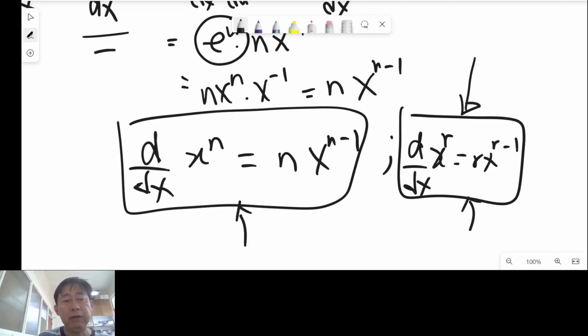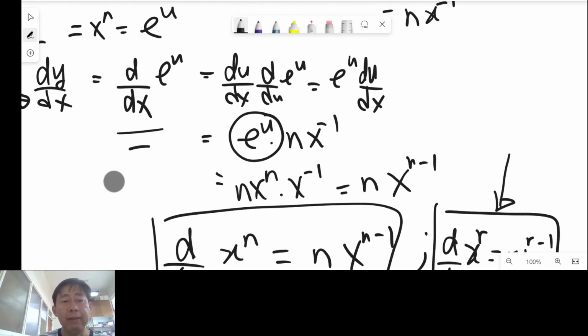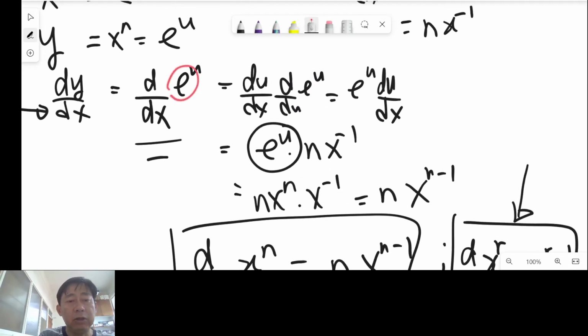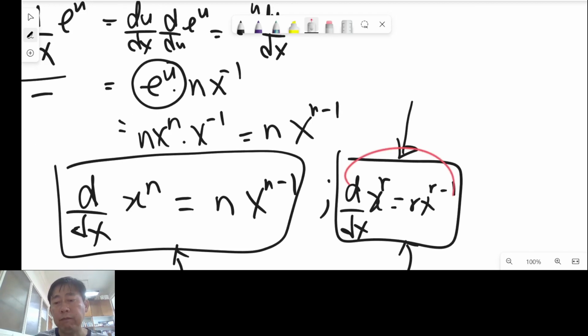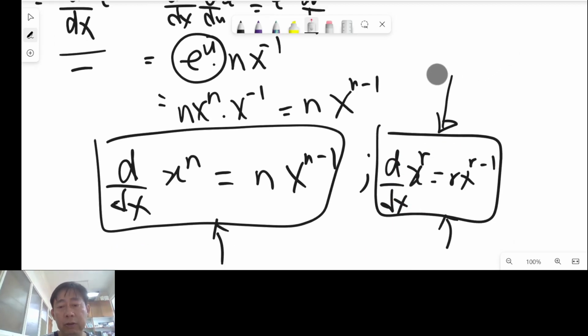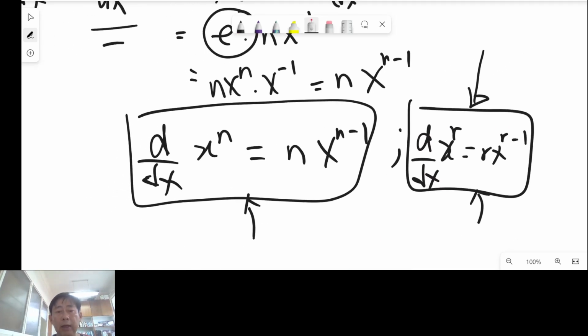Here, the derivation has to depend entirely on the definition of the exponential function, whereas when we derived the version restricted to rational numbers, we did not involve any exponential function at all. So you can see the importance of the exponential function. Without it, you would not be able to arrive at the derivative of the generalized power function.